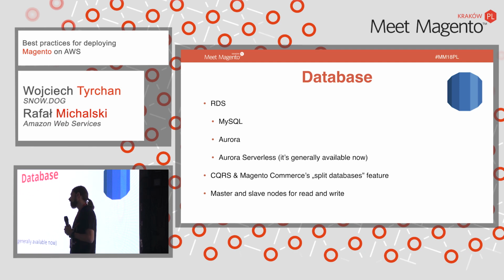It's more HA, more replicas can be launched, with replication latency of around 20 milliseconds, because instances share the underlying EBS drive. Magento Commerce has CQRS implemented and a split databases feature. We can use it on some shops that need it. Of course, set up master and slave nodes for read and write.